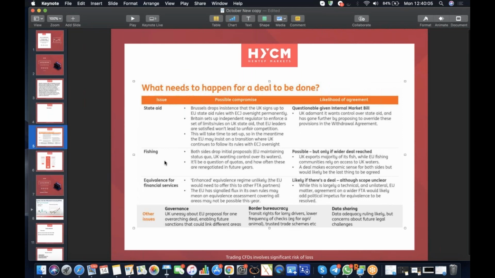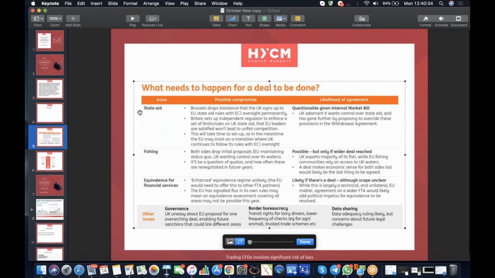So what we're looking for is if the state aid, the level playing field issue, is solved by the end of this week or the end of today, that will be very positive for sentiment for the pound. So the key issue here is that state aid issue. Fishing is also an issue, but if state aid gets sorted, then fishing should get sorted as well, because state aid is the major one.